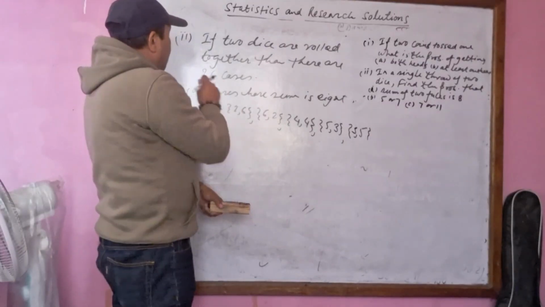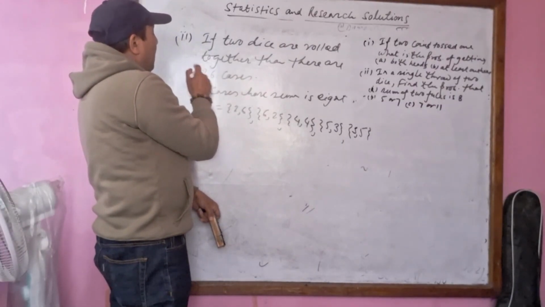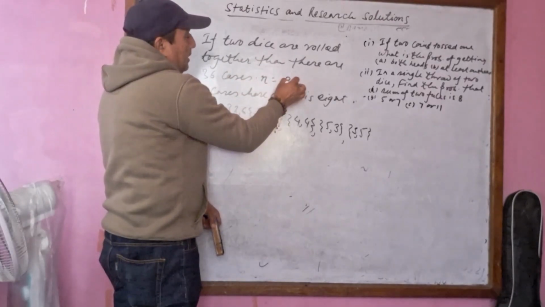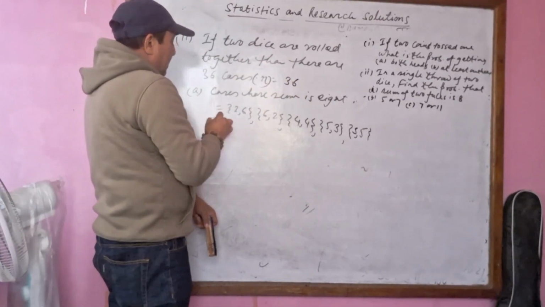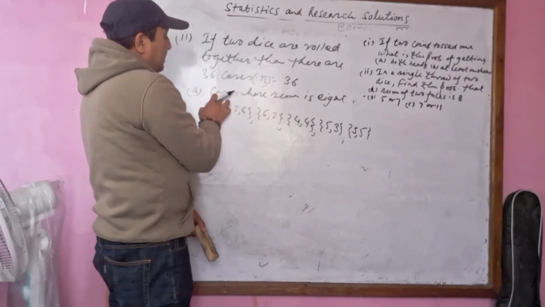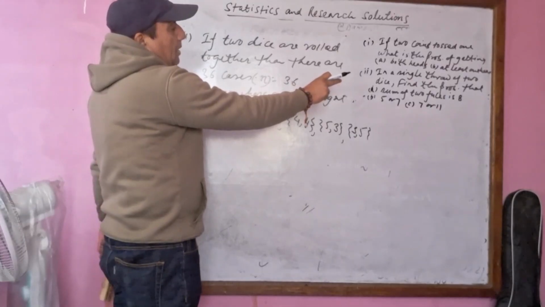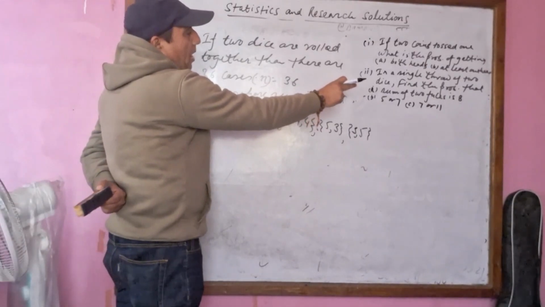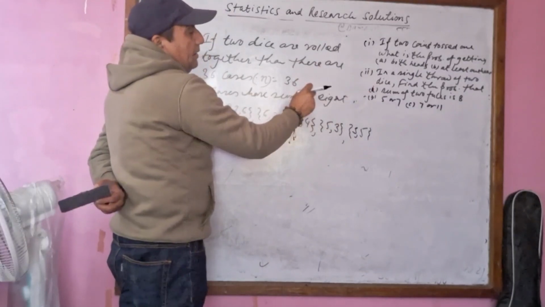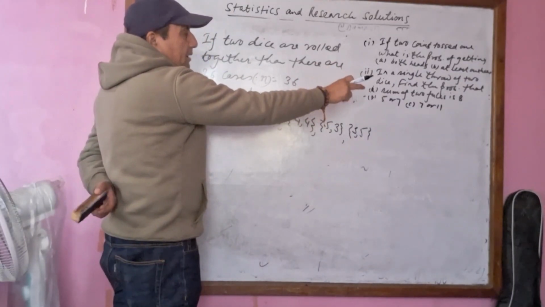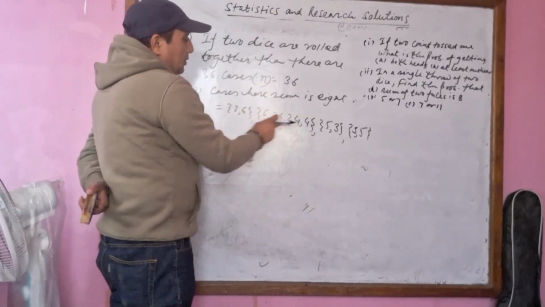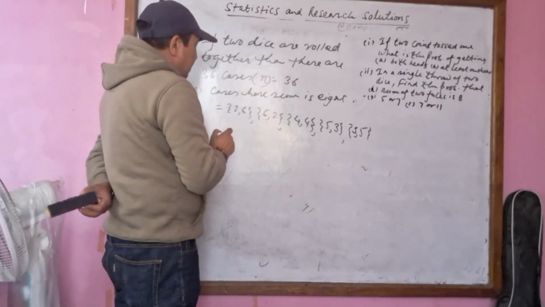So the total number of cases is n equal to 36, which you already have. And the favorable number of cases, where the sum of 2 faces is 8, means how many cases? 1, 2, 3, 4, 5. 5 cases.